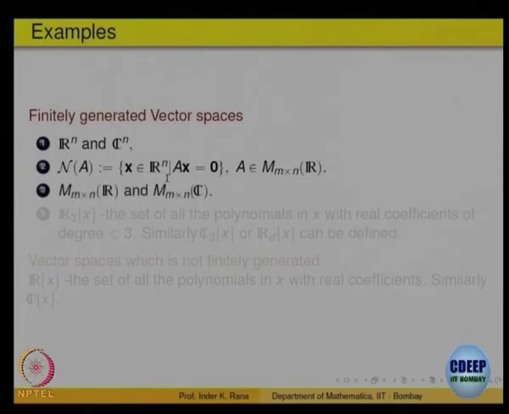All matrices, do you think the set of all matrices is finitely generated? That means, can every matrix of order m cross n be obtained as a linear combination of some finite number of matrices? Let us look at 2 by 2, for example, a, b, c, d. I can write this as: take the first element as a, all remaining 3 as 0.